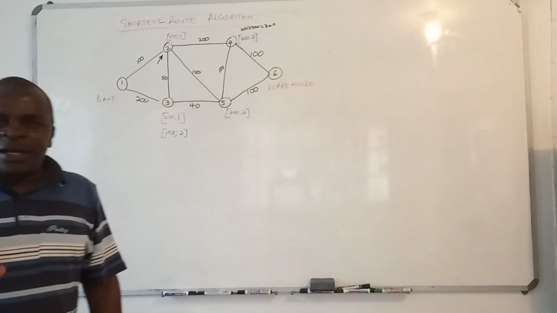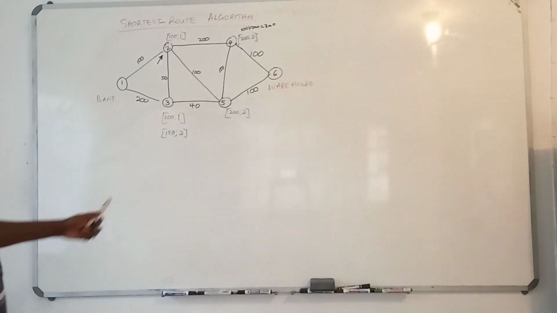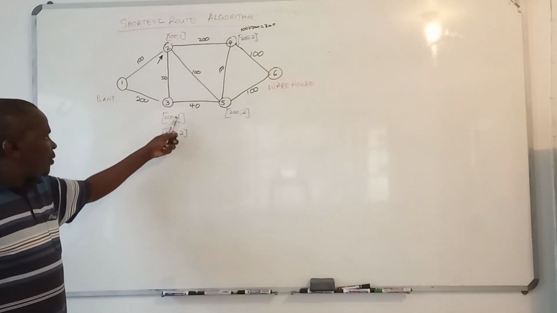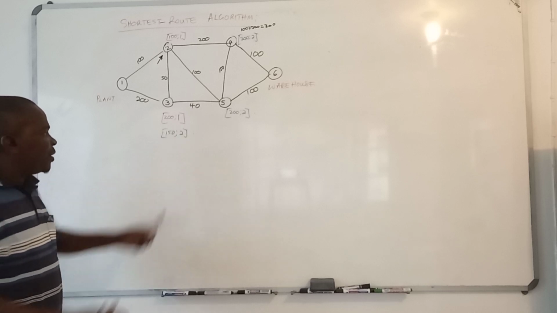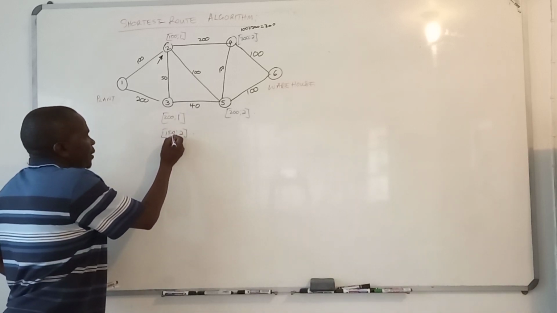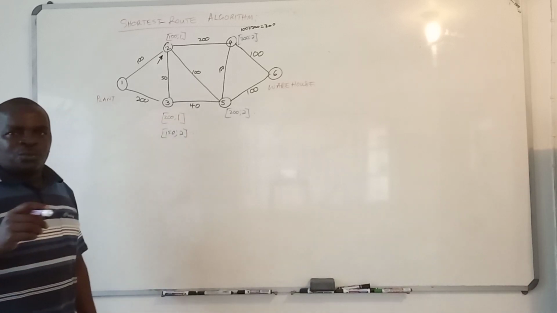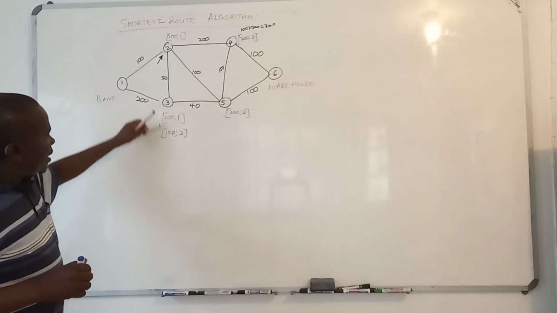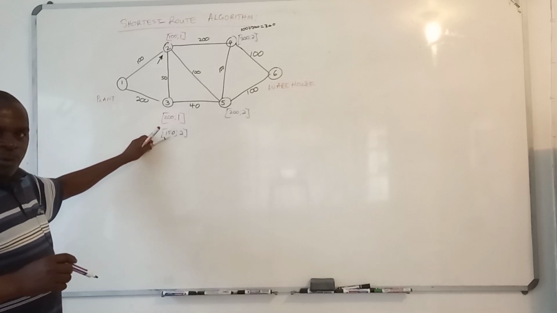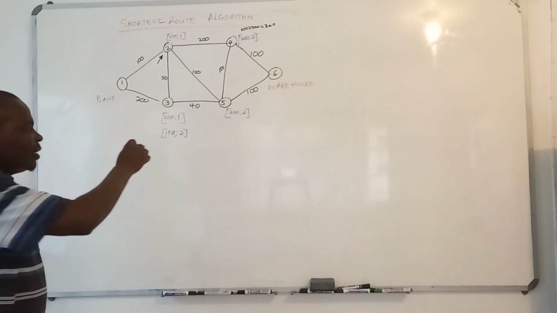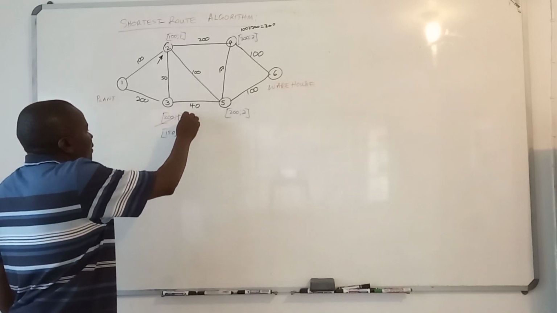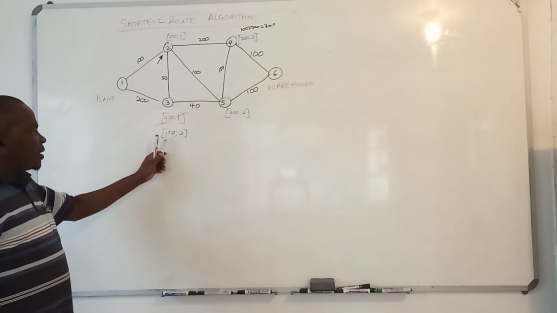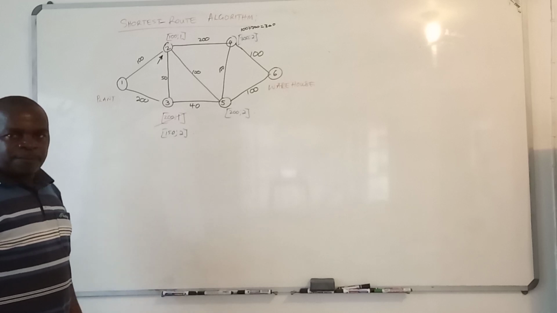Now, when you check our labels, you'll realize that at this point we've got two of them, 200 and then 150 and 2. From these two, you select the smaller one. You compare the values on the left hand side. 150 is smaller. Therefore, you cancel out this one here. So the value which is occupying position number 3 is 150 and 2.